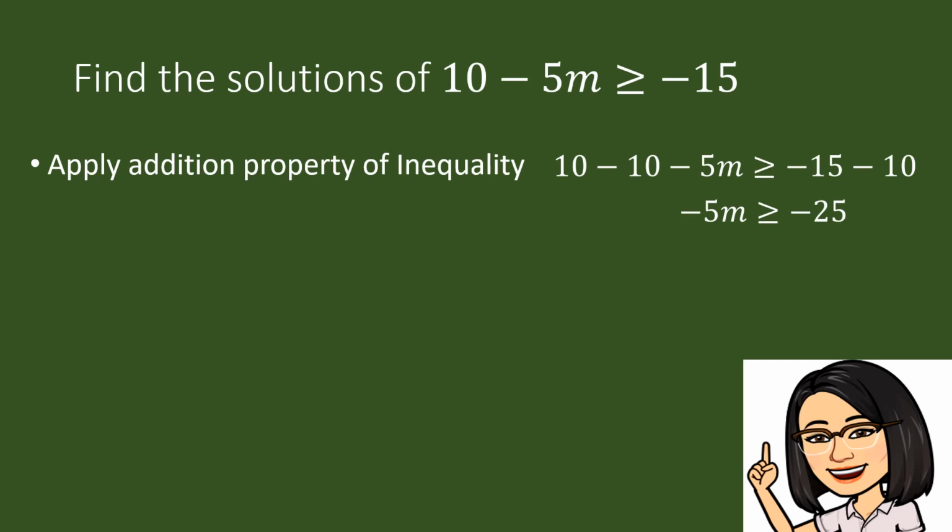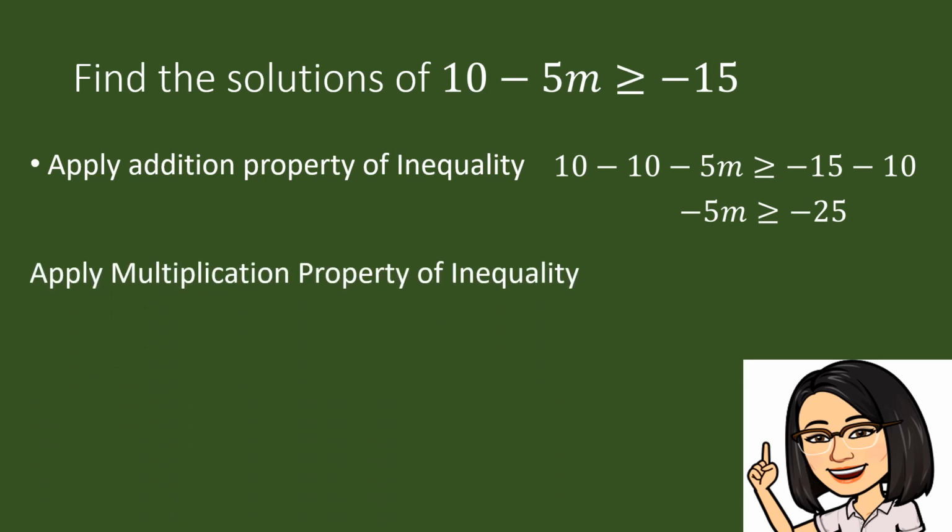Since negative 5 is present as the coefficient of m, let us apply the multiplication property of inequality by multiplying every term by negative 1/5, or simply dividing every term by negative 5.